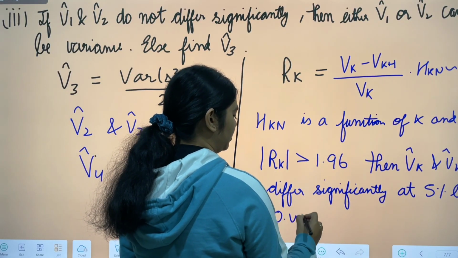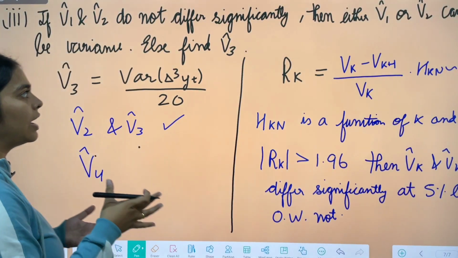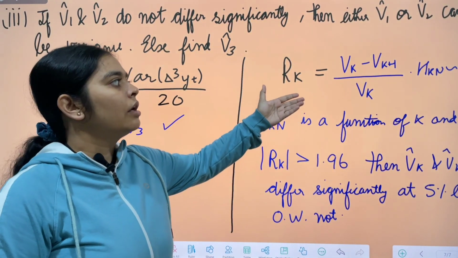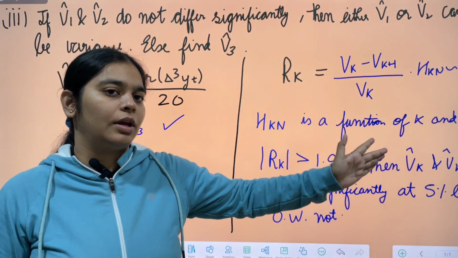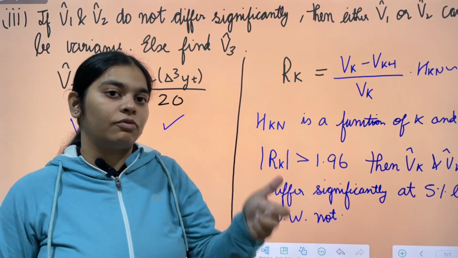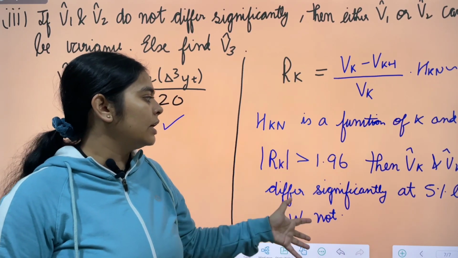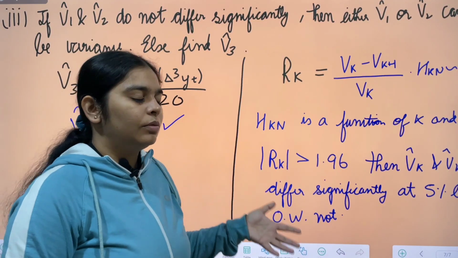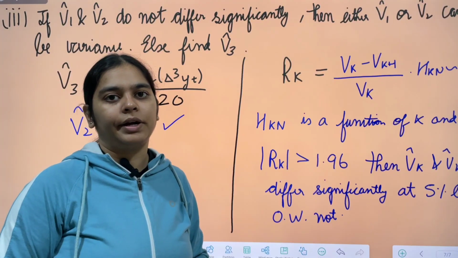Otherwise, not. In short, if we have calculated v1 and v2, we'll find r_k, which is (v1 minus v2) upon v1 into h(k,n). In the question, h(k,n) would be given to us, and if the modulus of r_k comes out greater than 1.96, then these two differ significantly and any of them can be considered as the variance.